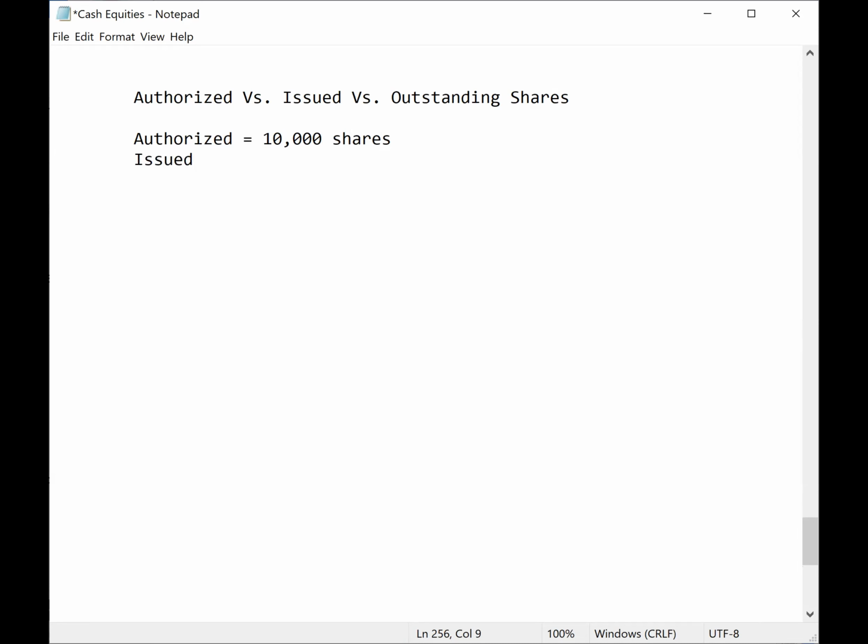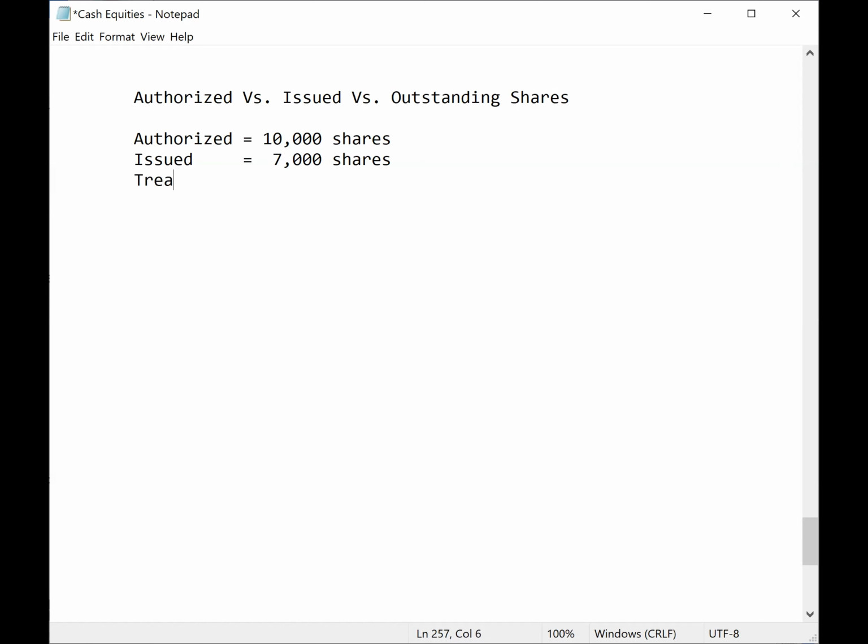Issued as of now, you have issued only 7,000 shares. Maybe you don't need so much funds right now that you would have to issue 10,000 shares. You need some funds, so you have issued 7,000 shares only. But later on, you can issue 3,000 more shares.